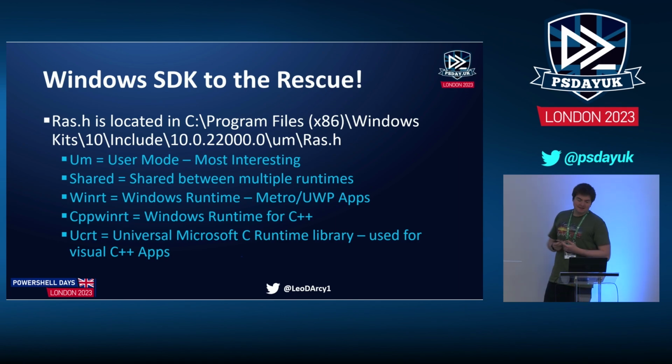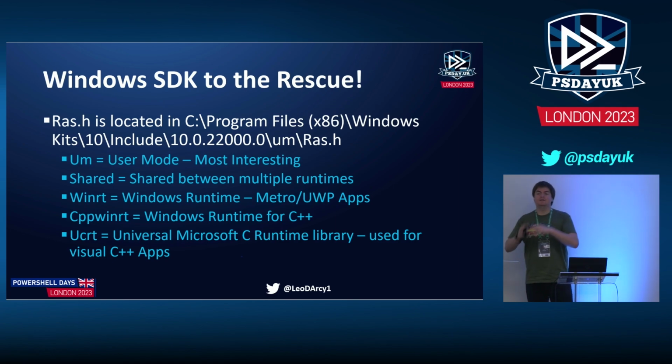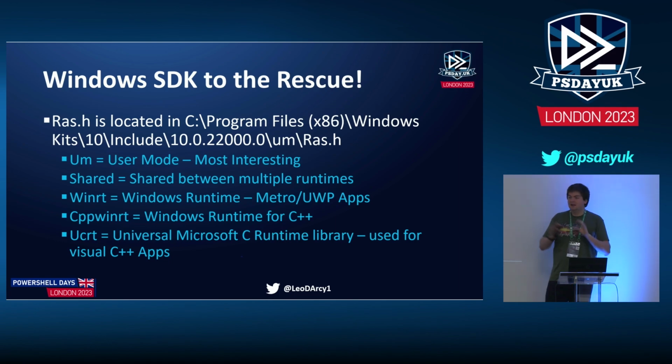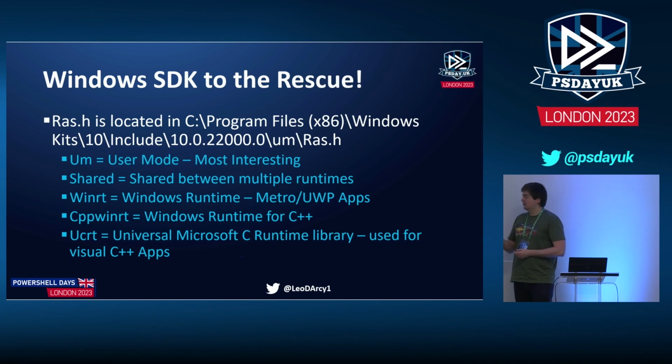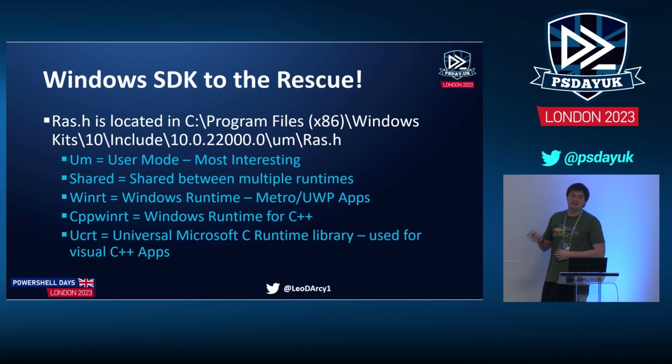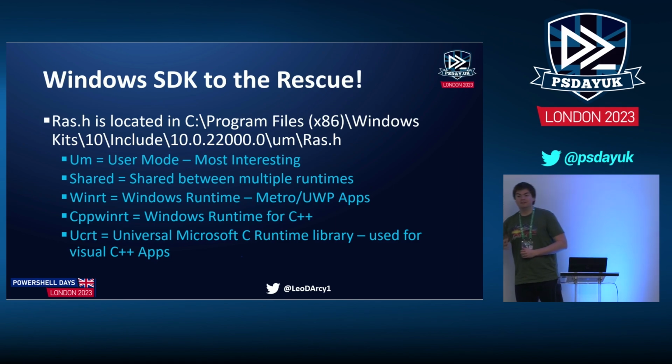So within that location there's a bunch of folders. The um folder is the most useful. It's the user mode set, i.e. you're not doing kernel drivers, you're not doing kernel stuff. We're in main application mode, and so most of the stuff that we're going to be doing is in user mode. There is some stuff in shared, so some of the more underlying data types, things like winerror.h, which defines all of the Windows error codes in excruciating detail.